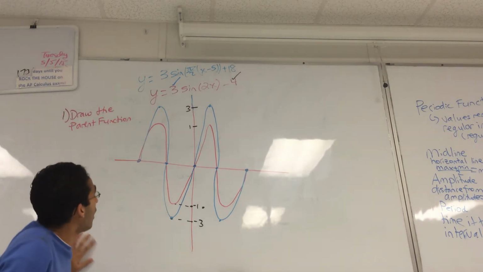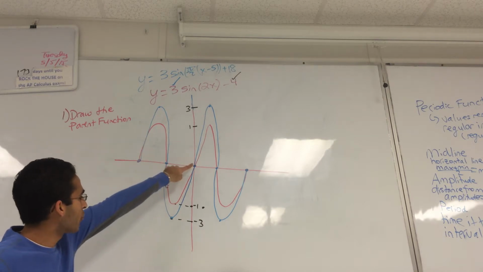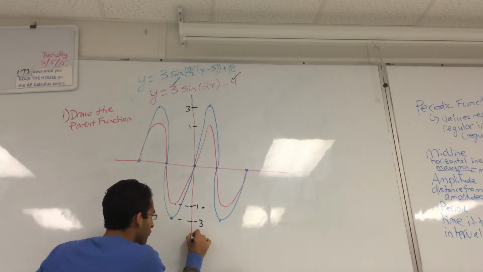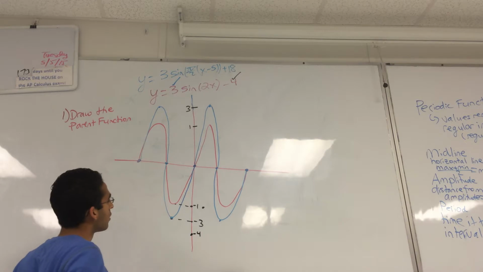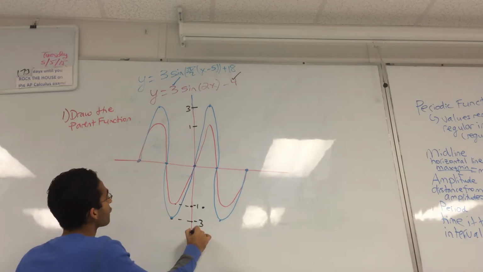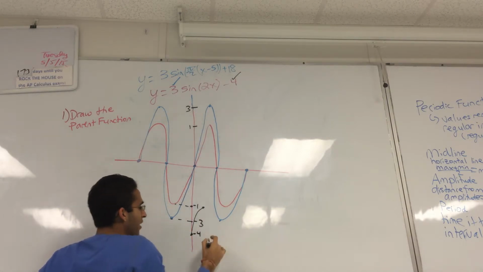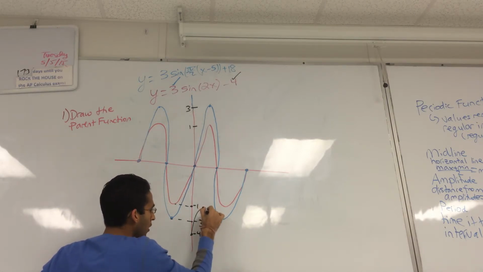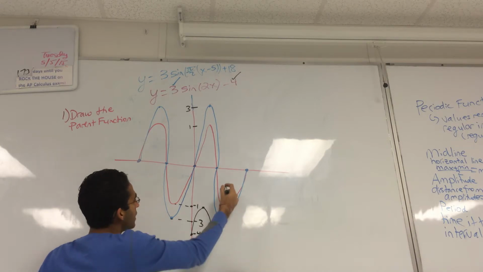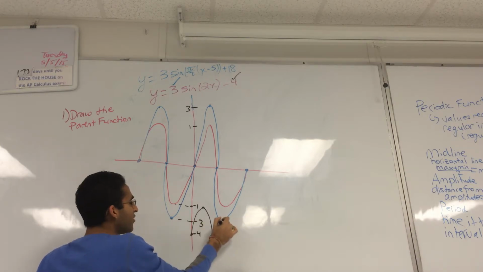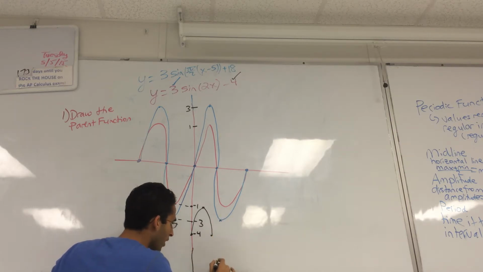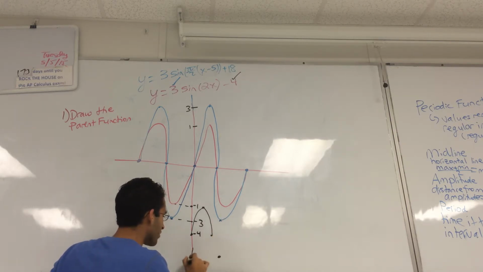Okay. Now, this 0 is going to come down here to negative 4. Okay, 0 comes down here to negative 4. Then we come up here, okay. Now this 0 comes down to negative 4. This negative 3 comes down here a little bit too low, I apologize, to negative 7.